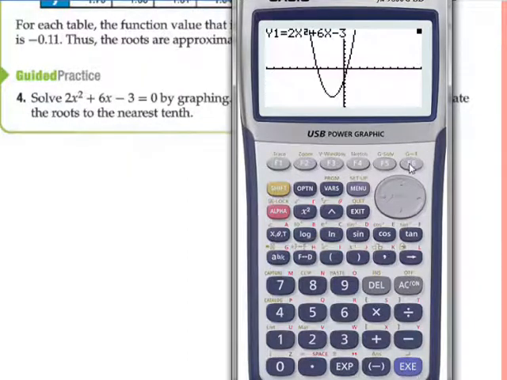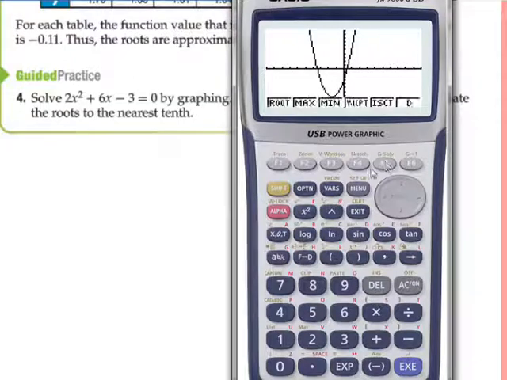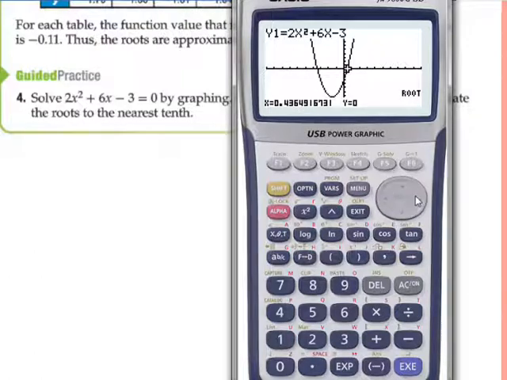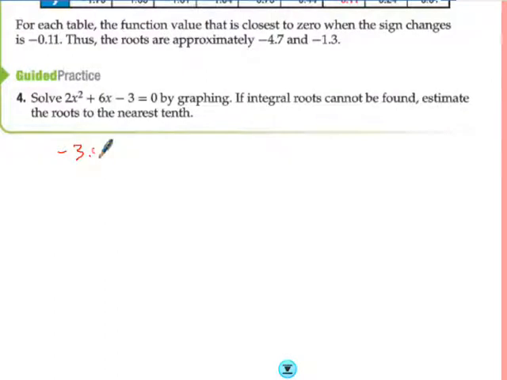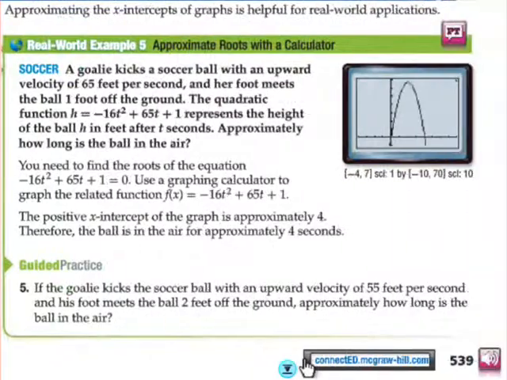So I put that into my graphing calculator, I hit draw, and I get this. And then the directions say to the nearest tenth, so I can just hit G solver and roots, and it's negative 3.4 to the nearest tenth, and then I'm going to hit over once, and 0.4, so negative 3.4 and 0.4. Really easy when you know how to use your calculator.